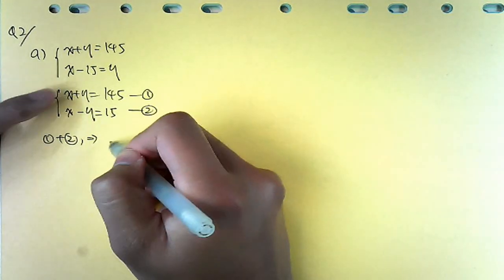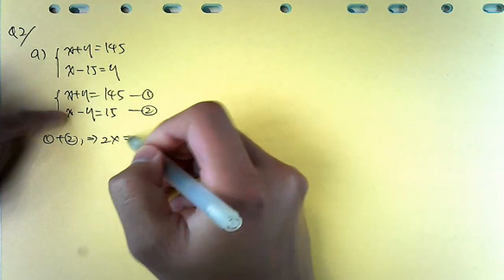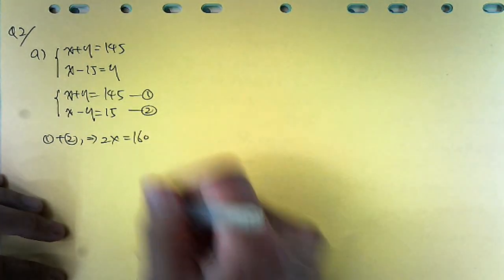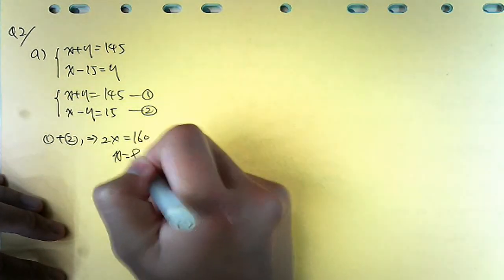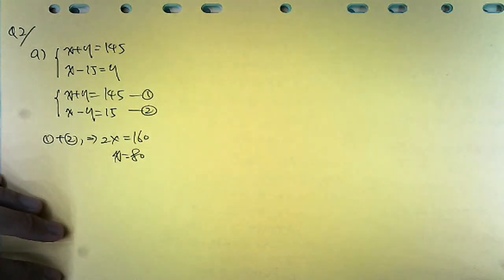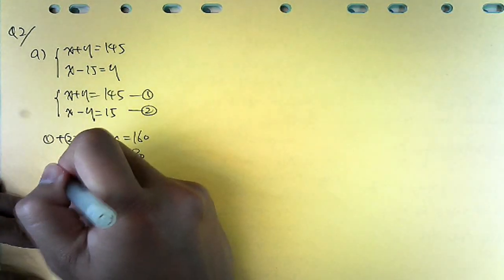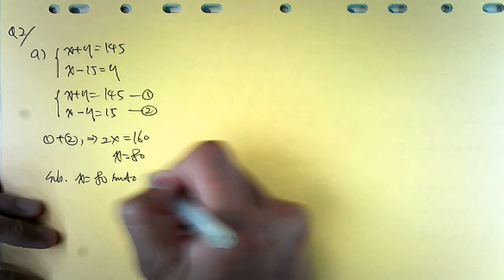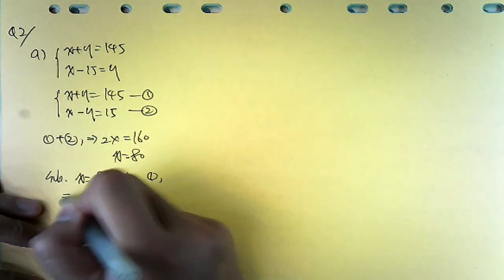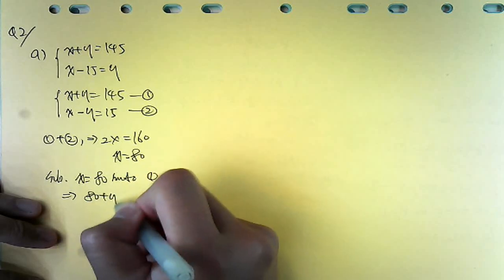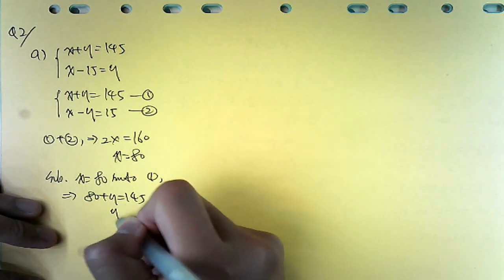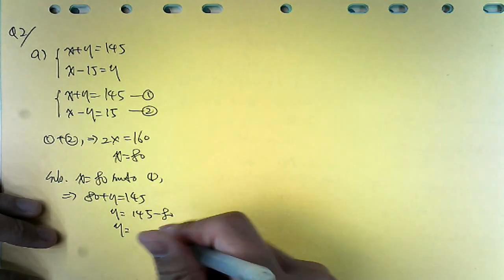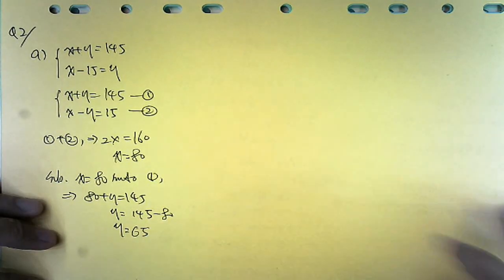Then you have X plus X is 2X, Y cancelled, and this one will be 160, and then X equals 80. Understand? Next you have to calculate Y. You substitute X equals 80 into equation 1, then 80 plus Y equals 145, and then Y equals 65.